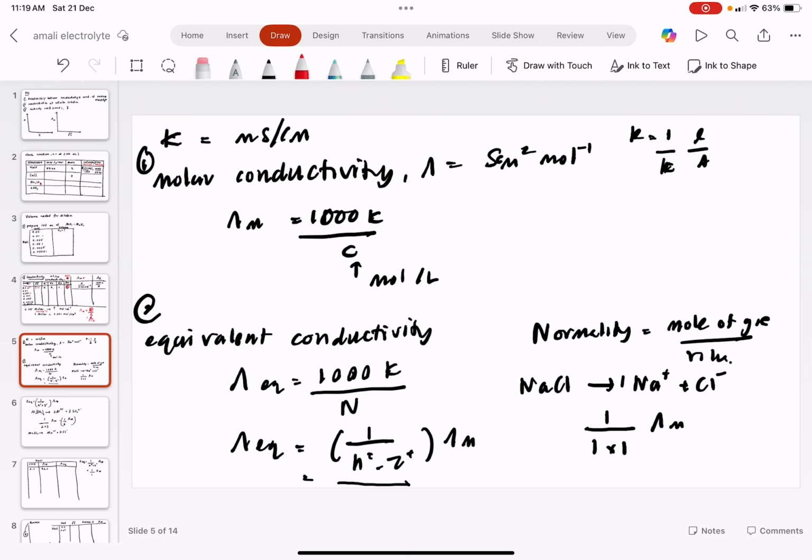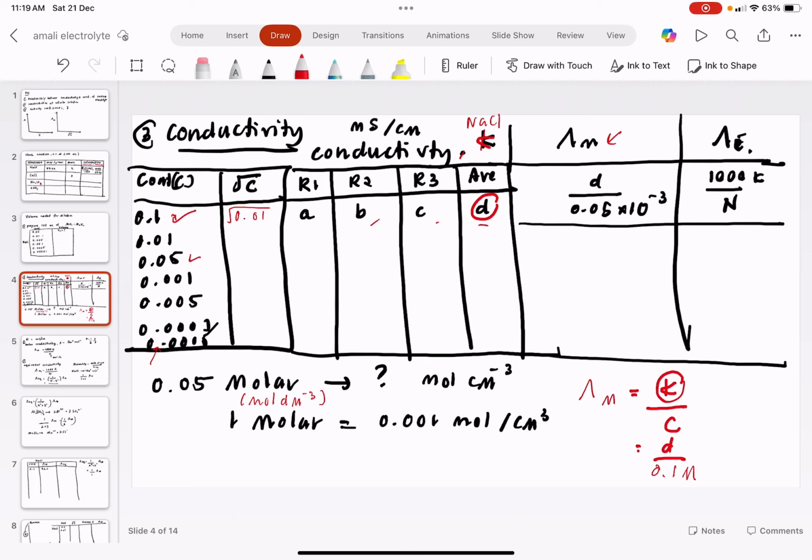You can see here for the concentration, you know that 1 molar is equal to 1 mole per dm cube. Since the unit in the conductivity is per centimeter, you have to convert this dm cube into centimeter cube.